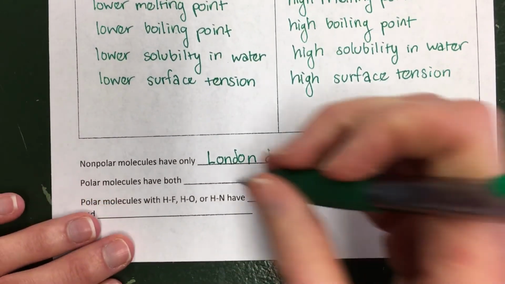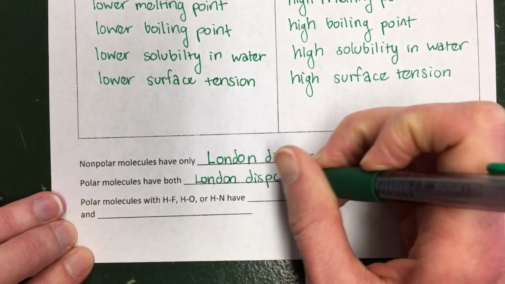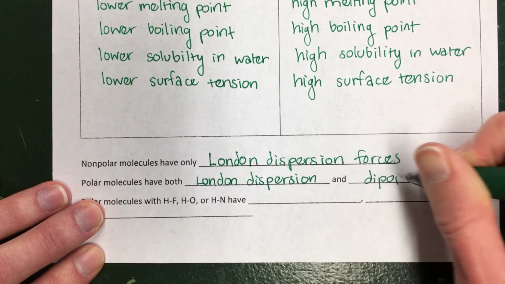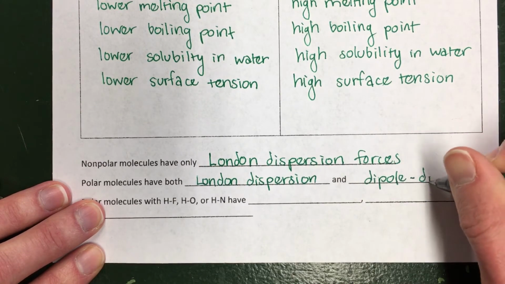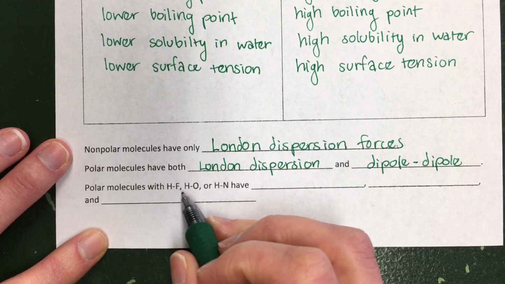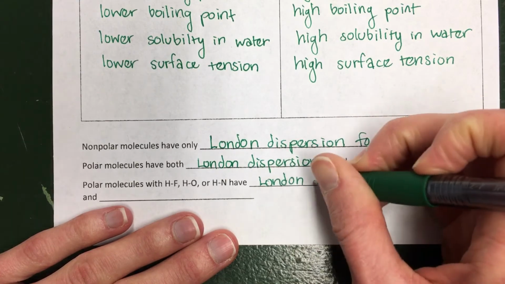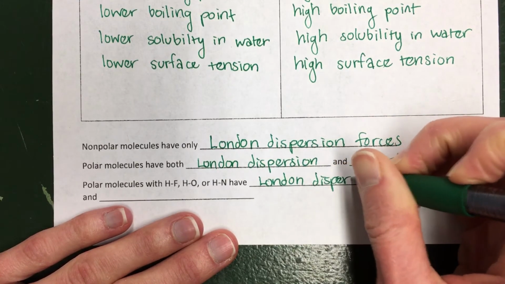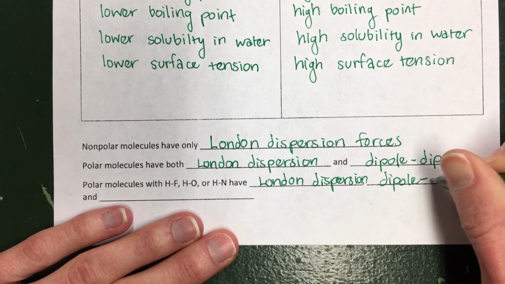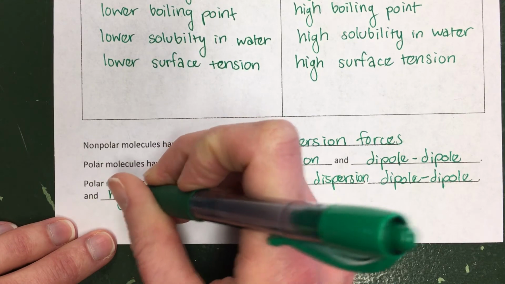So polar molecules have both London dispersion and dipole-dipole. And then if you are a polar molecule with specifically HF, HO, or HN, then you're going to have all three. London dispersion, dipole-dipole, and hydrogen bonding.